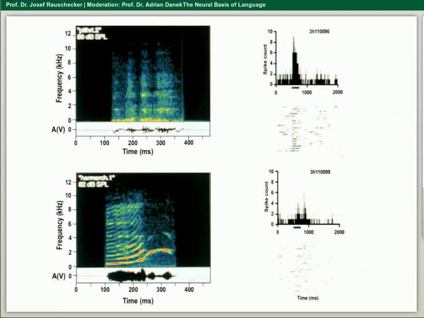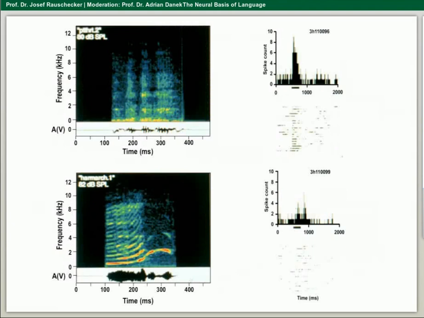The sound is presented here, the dark horizontal bar, and when you see an increased number of dots, it means the cell fires. You repeat the same sound maybe 20, 30 times and add them up. This is called a histogram. So you see the peak here, and this is a really nice response of that neuron to this particular sound.